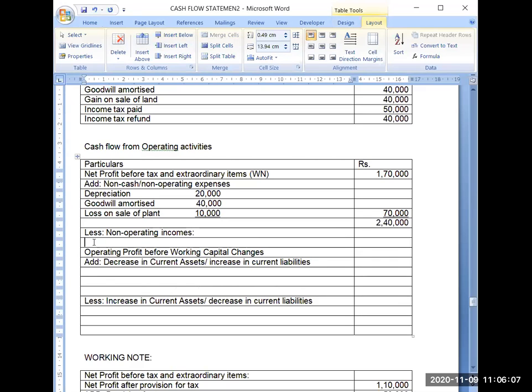Only a few accounts are there that need to be added or subtracted, so once you revise them properly, you will remember. Gain on sale of land is 40,000.